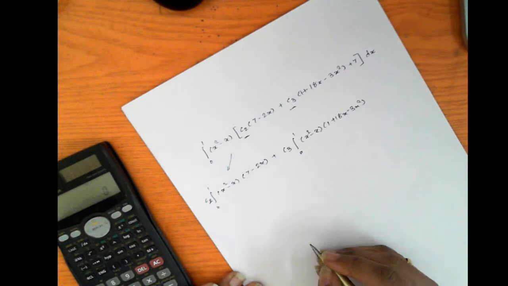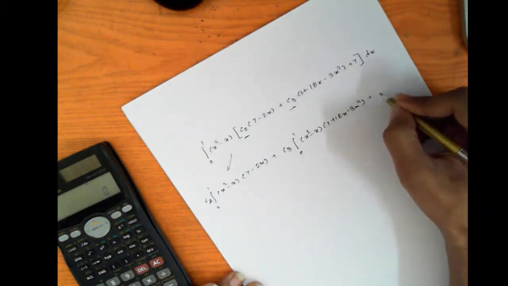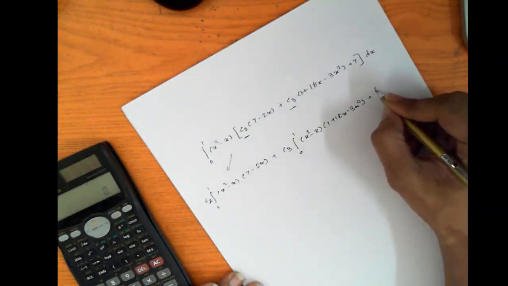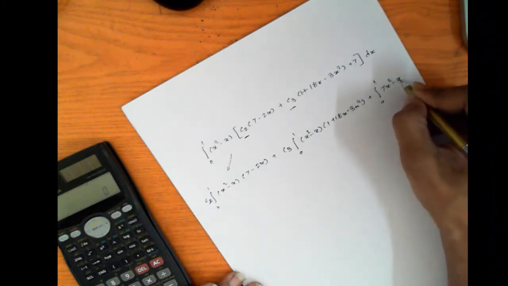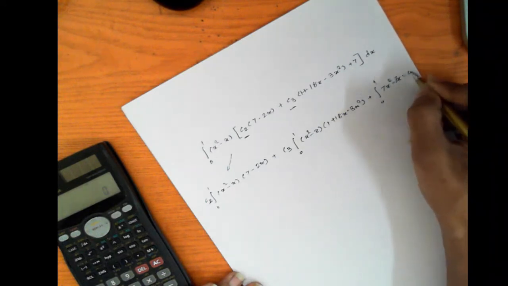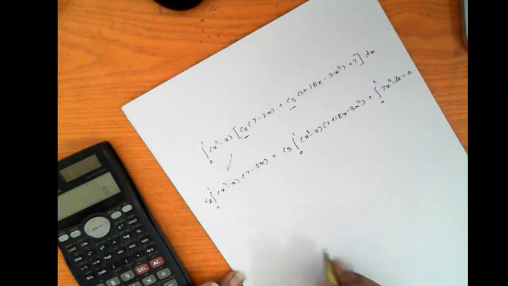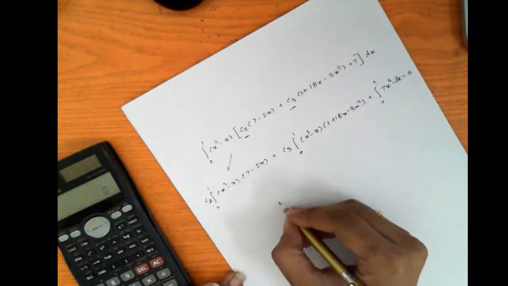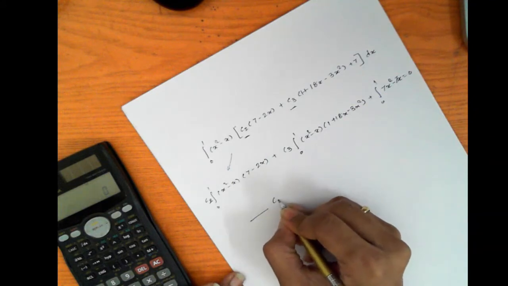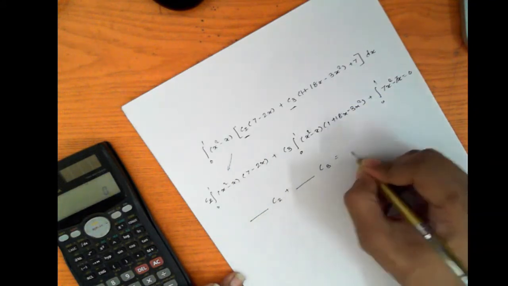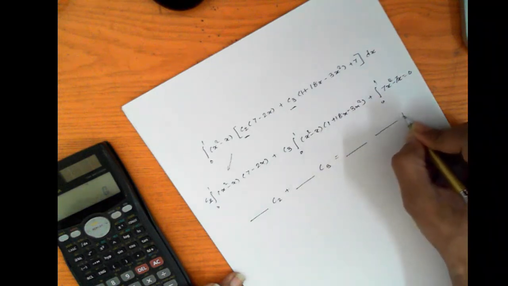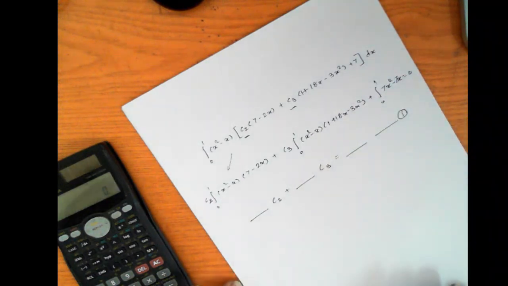This will be my second term, and the third term will be integral 0 to 1 of (7x square minus 7x) is equal to 0. So what these three terms will give me is something into C2 plus something into C3 is equal to some constant, and we need to solve that simultaneously.